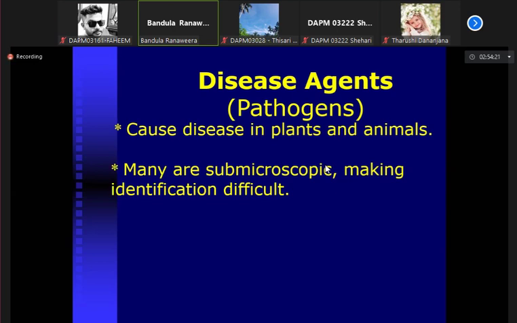Not the same organism is causing disease to an animal and a plant. There are plant pathogens separately and animal pathogens separately. As we say, they are microscopic. Because of that, identification is difficult.